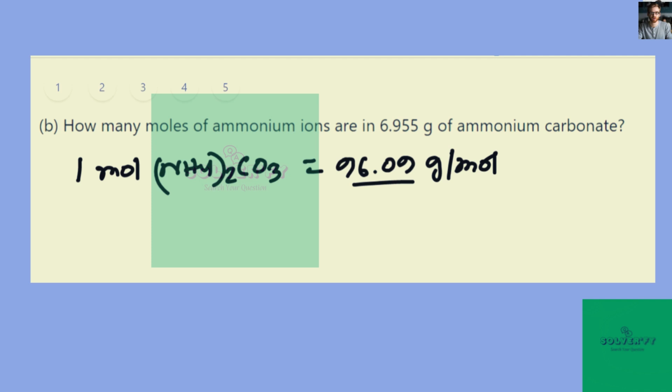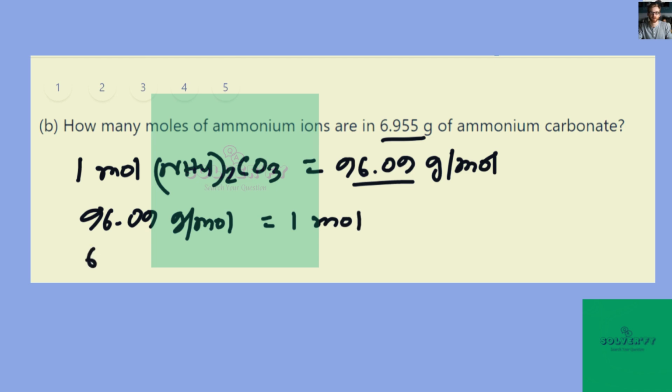Now we have to find out what is the number of moles for 6.955 gram of ammonium carbonate. So 96.09 gram per mole is contained in 1 mole.